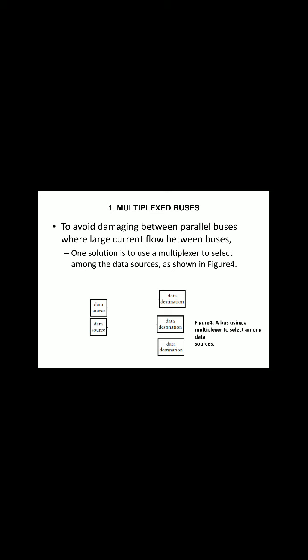It selects the proper data and gives a particular output based on a control signal. So we'll use a multiplexer to select the correct logic levels, and the output of that multiplexer will be passed to the bus. Then we can avoid wrong data transfer.